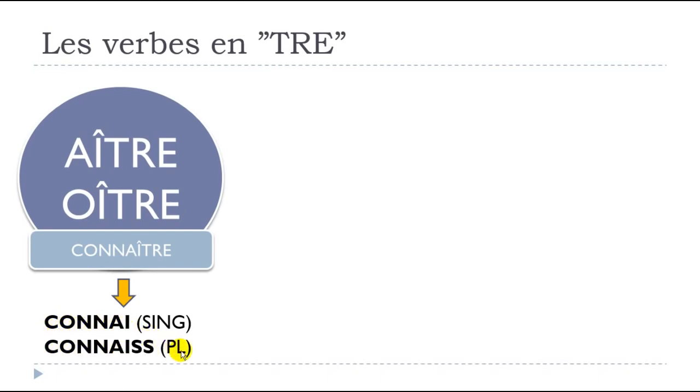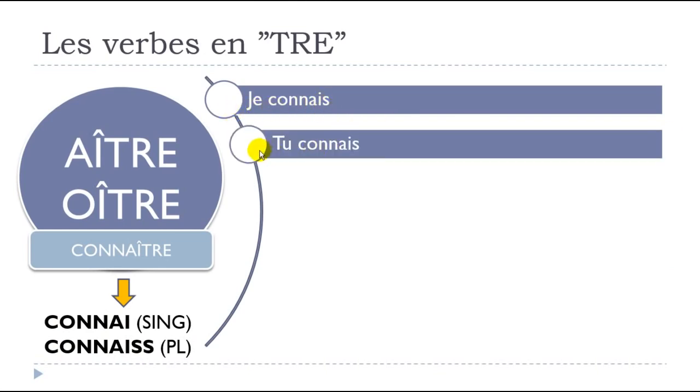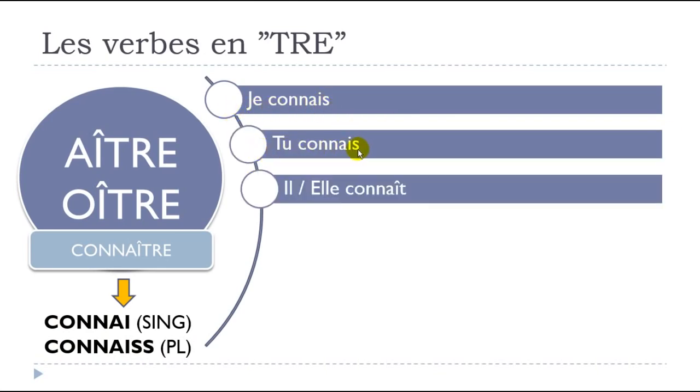And for the plural form, we have a different stem or root, connaiss. So connaît and then connaiss. That's the reason why we get the following forms: je connais, tu connais, il connaît, elle connaît.